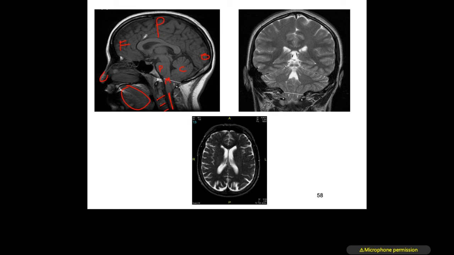So in this slice, we're looking at half. We're looking at a left half or a right half of the body. That's a sagittal cut.